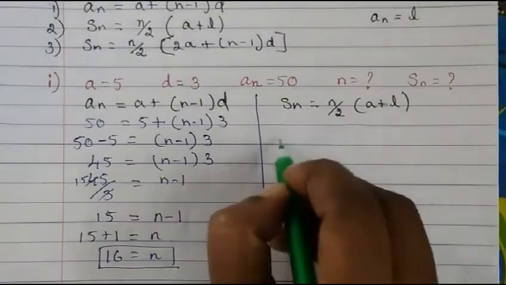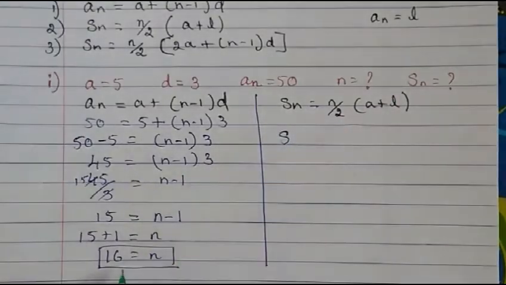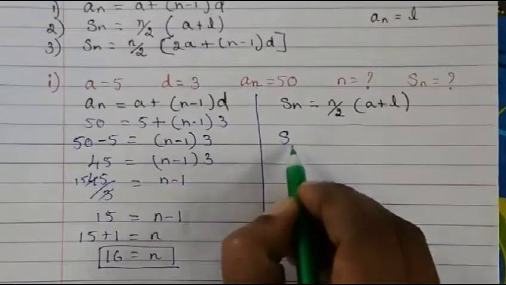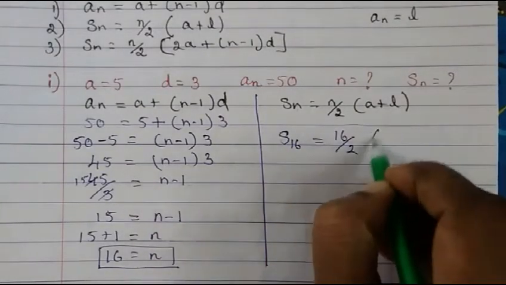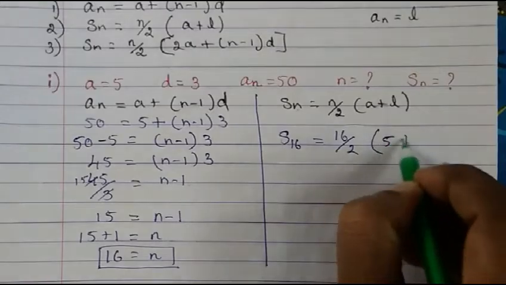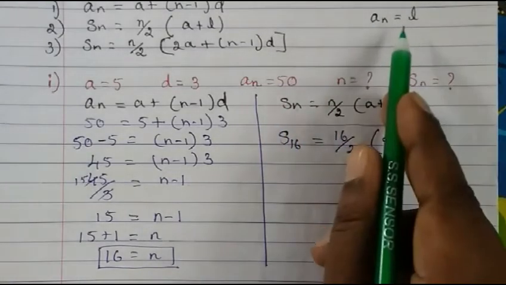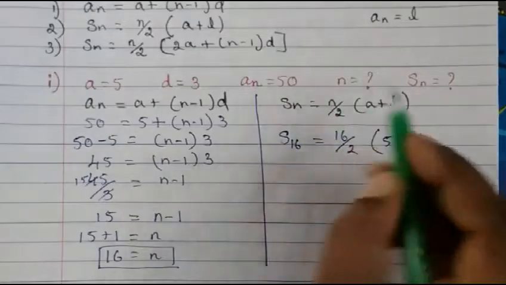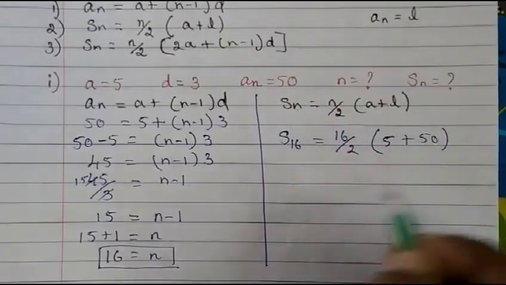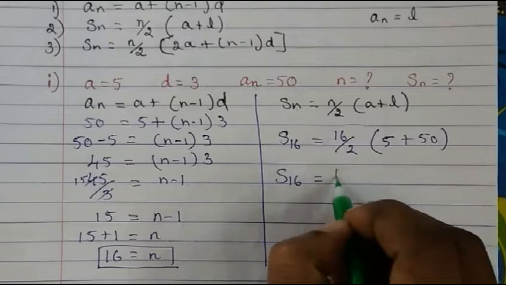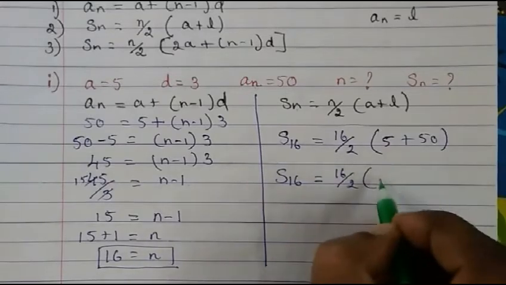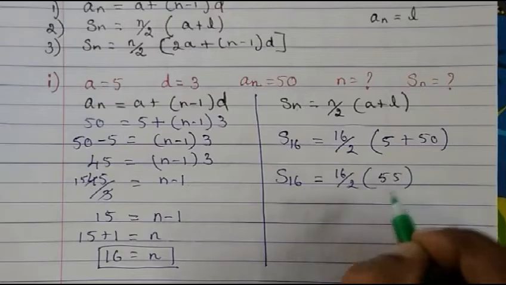SN we have to find out. The N value we know, N is 16, so it's the sum of 16 terms. So N is 16 upon 2, the A value is 5, plus the L value, which I said is equal to AN, so that is 50. So 16 upon 2 times 50 plus 5, which gives us 55.